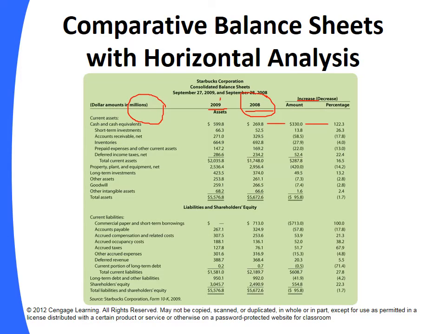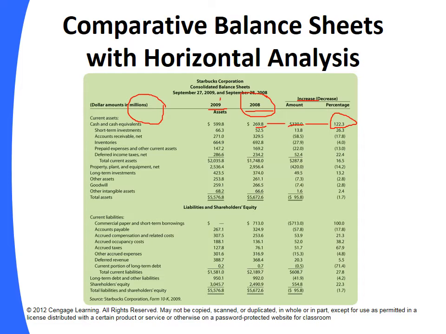So we take the 330 here and we divide it into, the denominator is 269.8. That comes up with 122.3%. Don't forget to move the decimal over 2 places before you put it as a percentage.